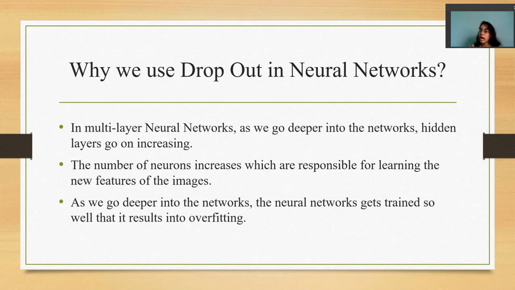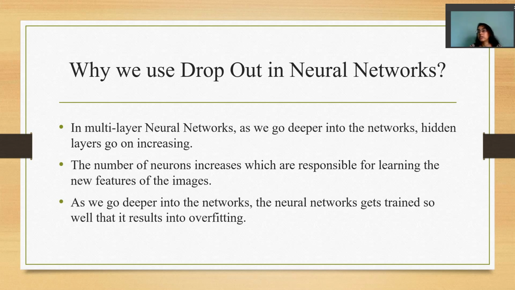Now what happens when the number of hidden layers increases and when we go deeper inside the neural networks? As the neural network becomes deeper, each of the neurons is learning the features, and as it goes deeper and deeper throughout the neural network, it will learn the features so perfectly that it will have a negative impact on the output.